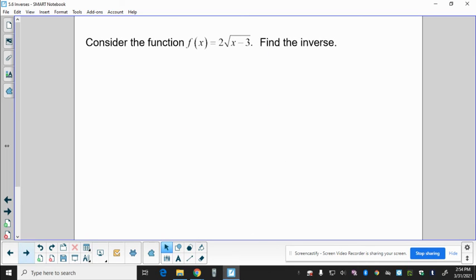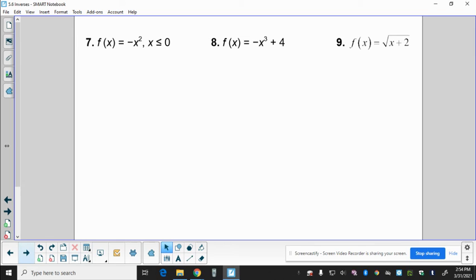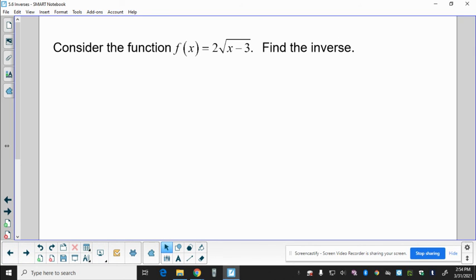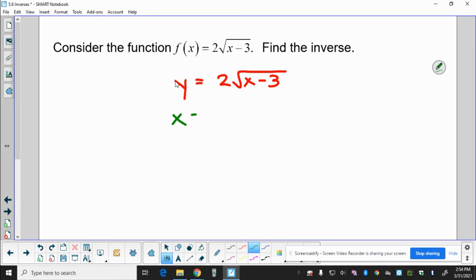Okay, how about we try this one? There's step number 1. Here's step number 2, exchange the variables. Step number 3, solve. Okay, so if I'm going to solve for y, the first thing I should do is divide by 2.